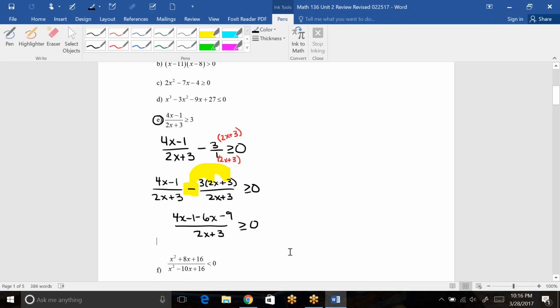Your next step would be to try to clean up that numerator. If I combine like terms, I get a negative 2x because that's 4 minus 6. Negative 1 minus 9 would be negative 10. And now I have the most clean or combined numerator that I can get right now. There are questions about whether or not you could pull out that negative 2.